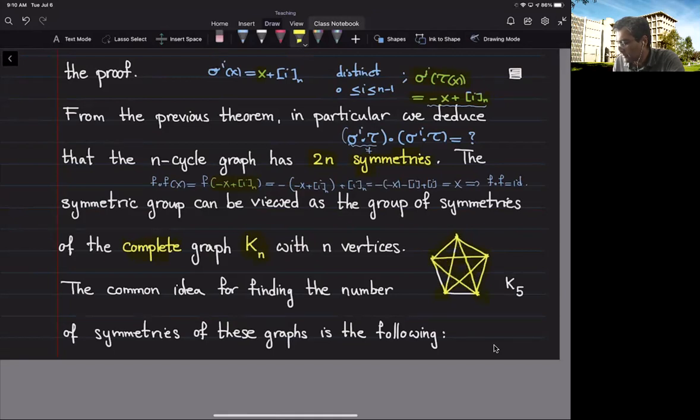So we get this graph that we call the complete graph K5. Now, symmetries of this graph are precisely the symmetric group, because every two vertices are connected to each other. In some sense, these edges contribute nothing, and don't impose any restrictions on the symmetries. As soon as I get a bijection from the set of vertices to themselves, I'm automatically getting a symmetry of this graph.